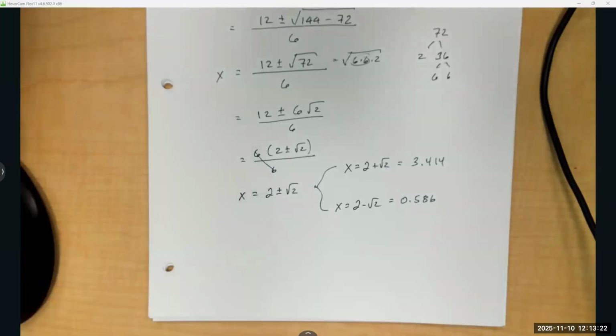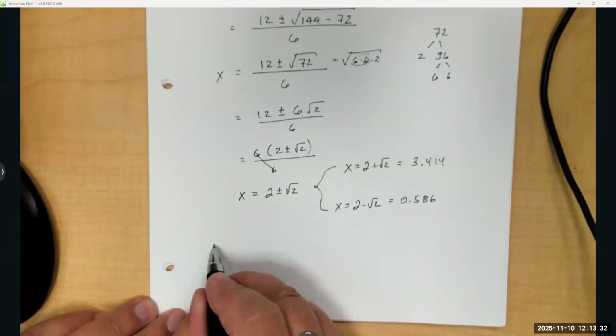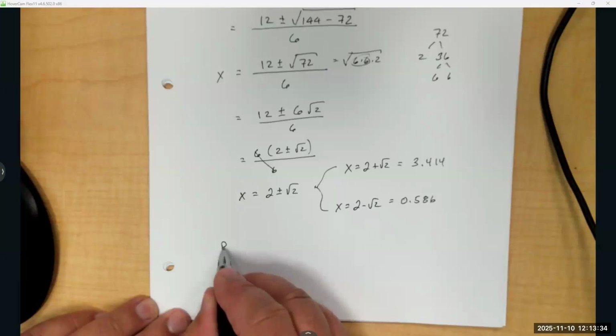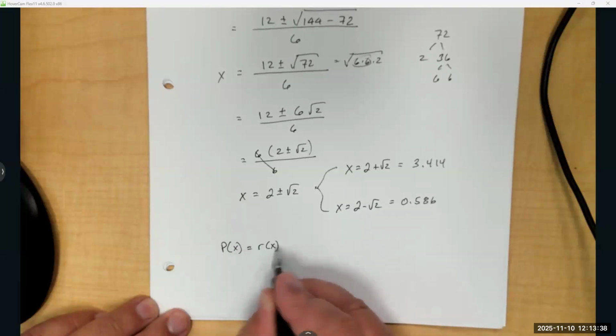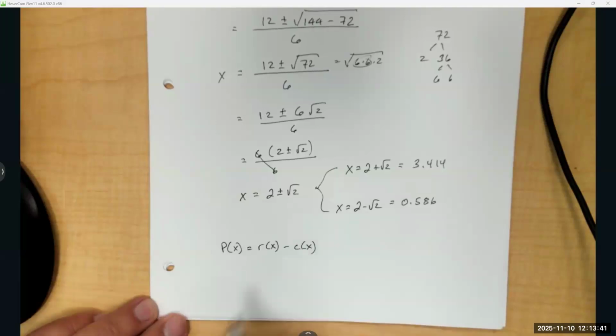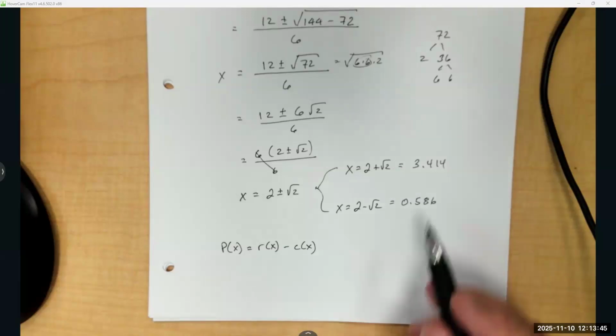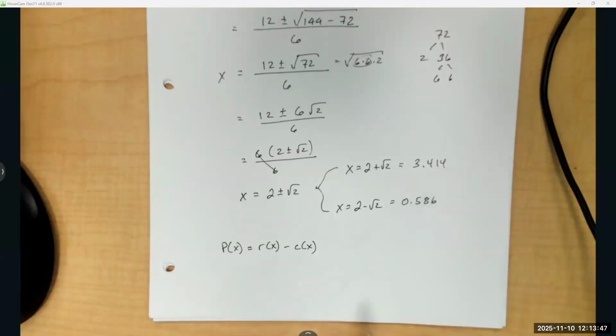And I'm looking for what? Maximize profit. So to maximize profit, I have to do that to both of them, with 3.4 and 0.586, and see which is going to give me the most.